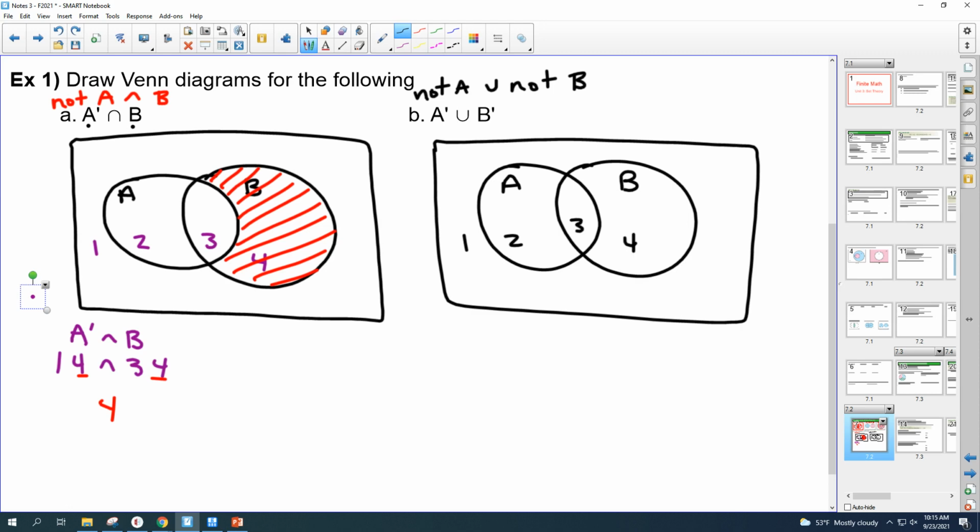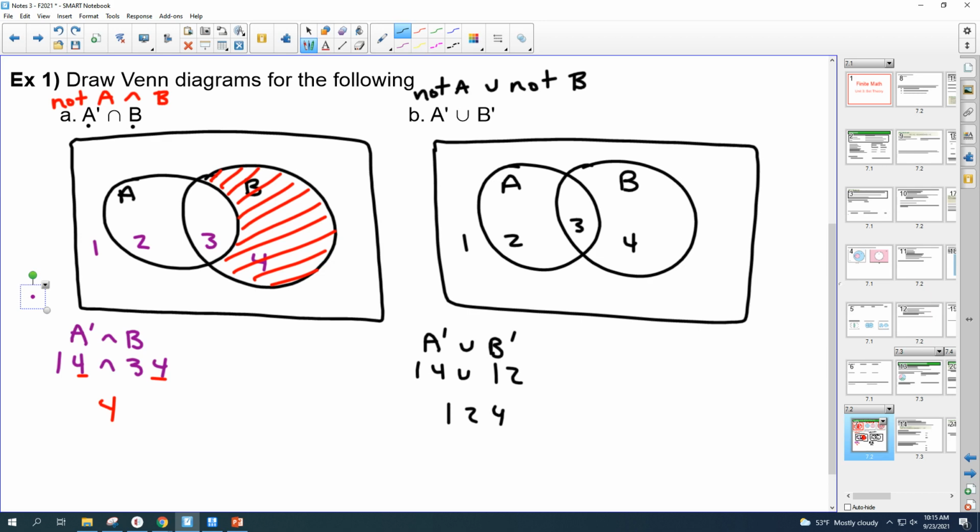Now, it's a good exercise to try to pick out which region you think it is, region or regions. Sometimes it's more than one. All right, not A or not B. Maybe you can do it, maybe not. But let's analyze this. Not A would be 1 and 4 again. We're going to union that with not B. Not B would be 1 and 2. So remember from last time, union means join. We want either region 1 or 4 or 2, I guess, right? 1, 2, 4.